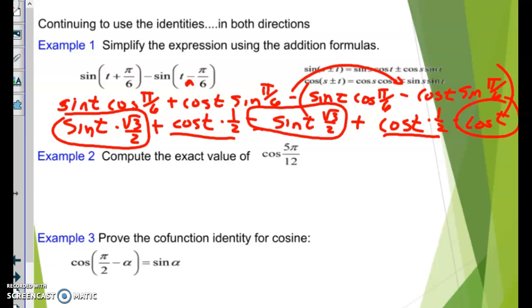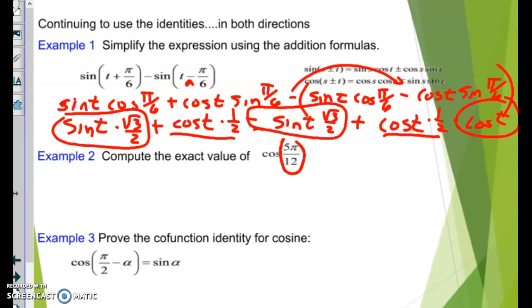All right, so using these identities helps me to do some identity simplifying, basically.